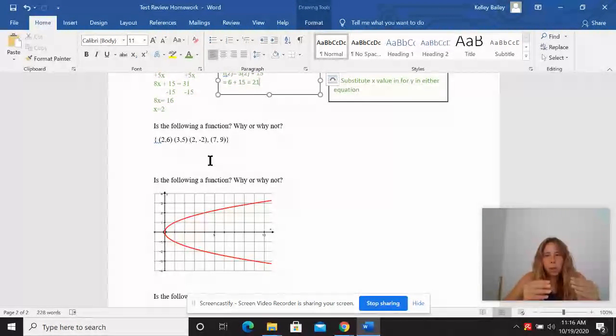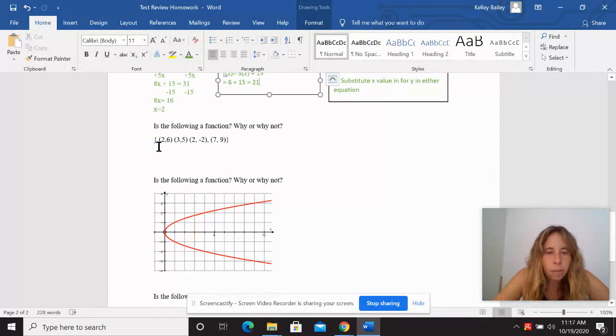So every x value can only have one y value. Y values can do whatever they want, but every x value can only have one y value. So let's see, I have 2 and 6, 3 and 5, 2 and negative 2. Oh, red flag. X equals 2, y equals 6. X equals 2, y equals negative 2. That is not a function.